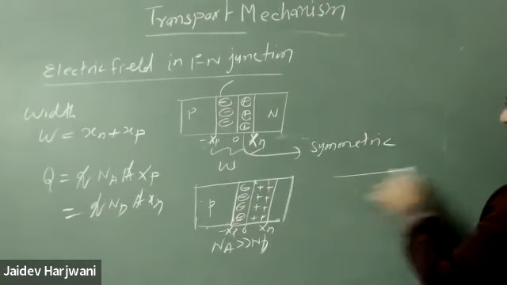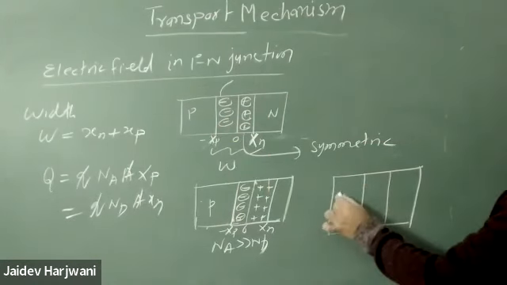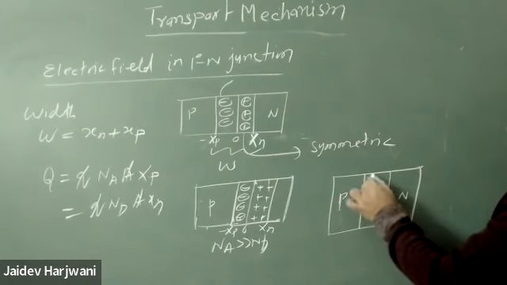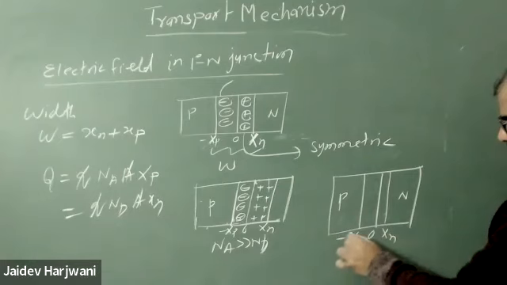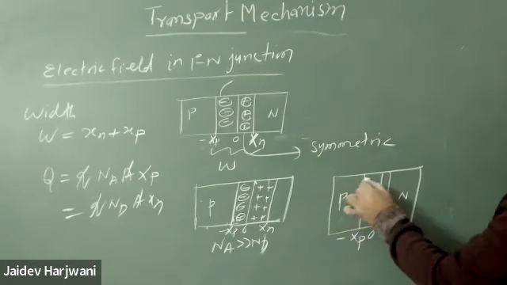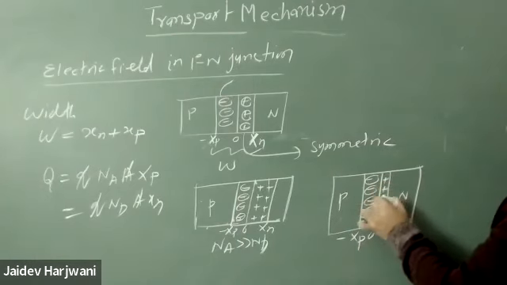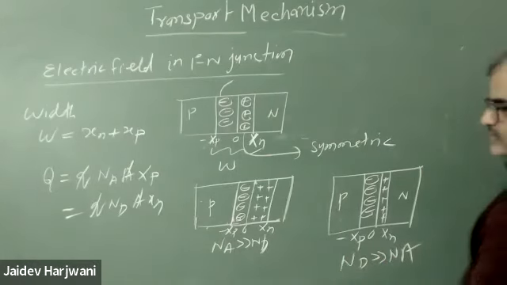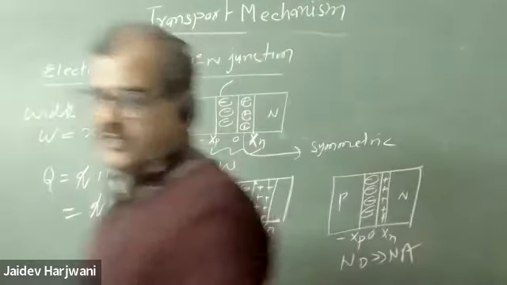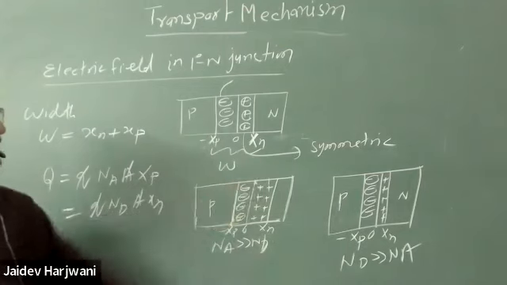Similarly, the opposite thing. If I have a p type, n type, and suppose this is my origin, this becomes xn and this becomes minus xp. This is the case when Nd is greater than Na. So wherever you increase the concentration of dopant, that side width will decrease.